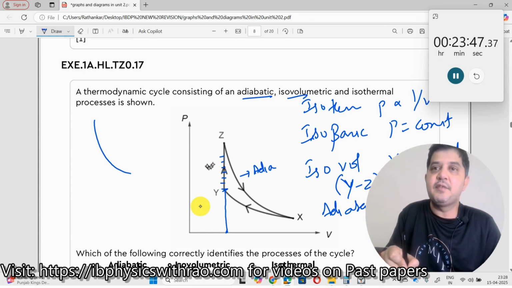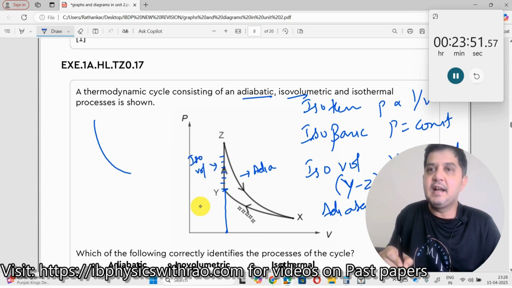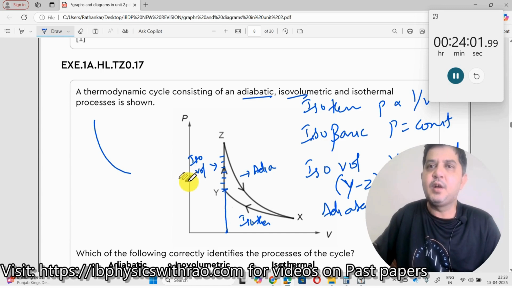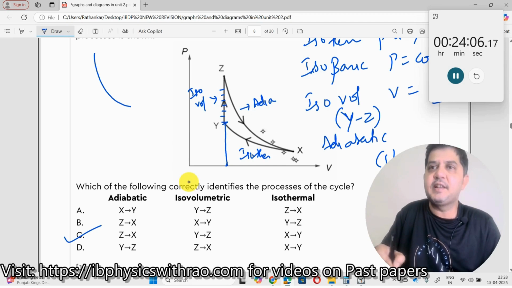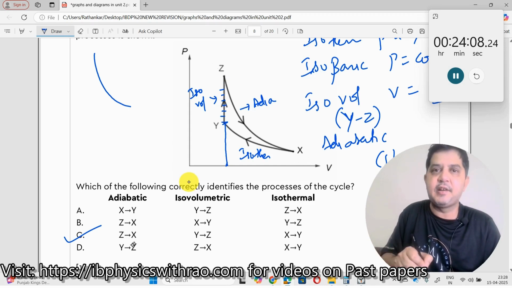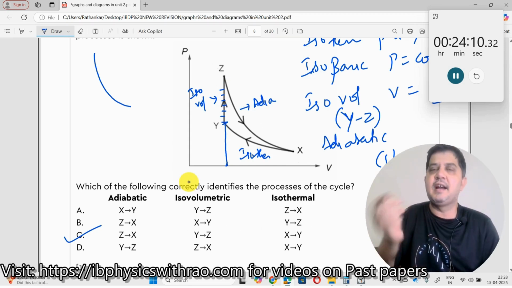So definitely this should be your isovolumetric. I already said isovolumetric and adiabatic, so the last one is isothermal. Whether you know it or not, you can just mark this isothermal. Now Z to X, first I'm confirming Z to X is adiabatic. The rest of them you can look into and consider the answer.